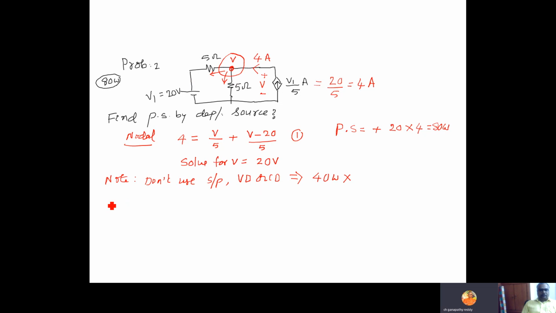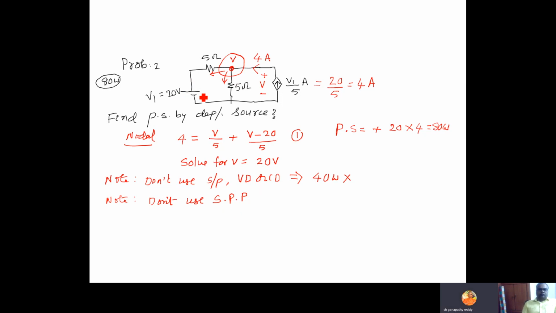Then another note. Don't use superposition principle. Why we should not use it? It is applicable to only independent sources.